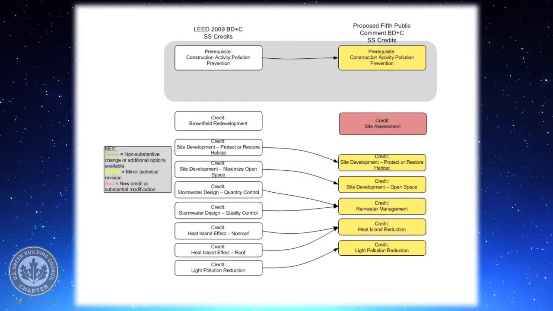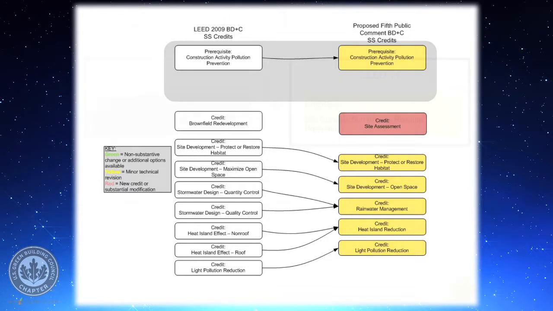So one of the main ways we'll do that, as you see, of course, through all of the credits that now remain in the site section, but notably through the site assessment credit that I'll talk about in a moment. You'll see relative to other categories, again, this is mostly minor changes compared to the other sections, and then we do have the one new credit for site assessment.